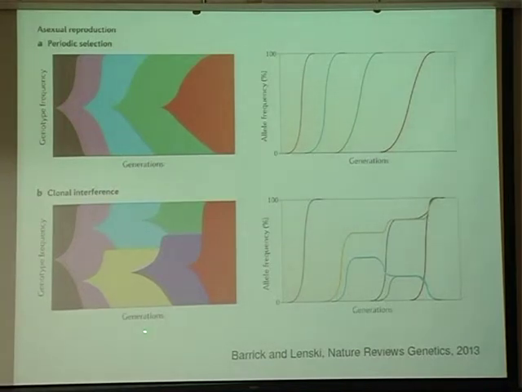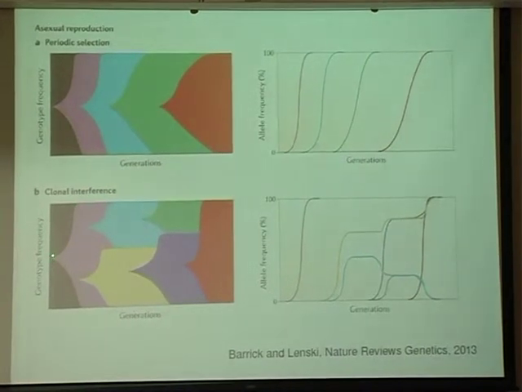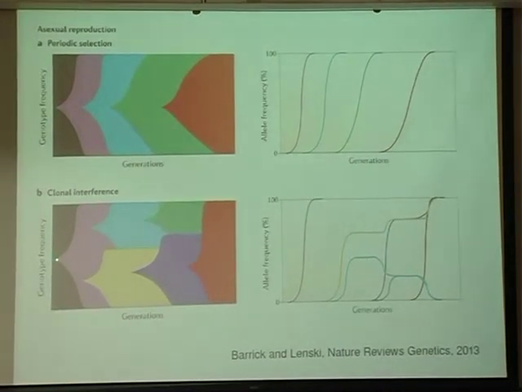In clonal interference, as defined in the original papers, my world is very haploid. So this is in asexuals without recombination. Clonal interference happens in asexual populations, and we have a beneficial mutation happening again.